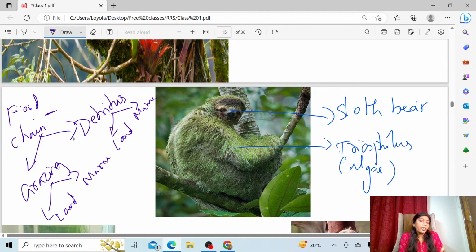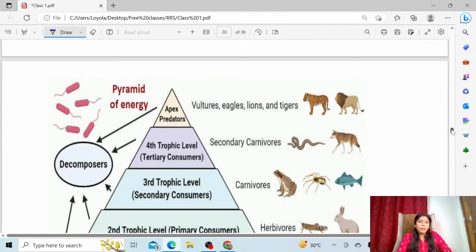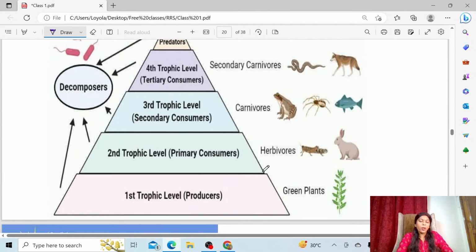Grazing food chain means a food chain that starts with producers. Producers will be at the first level. I'll move to the levels so that it will be easy for you to understand. This is the first trophic level, which we have marked as producers. In a grazing food chain, producers will be in the first trophic level.